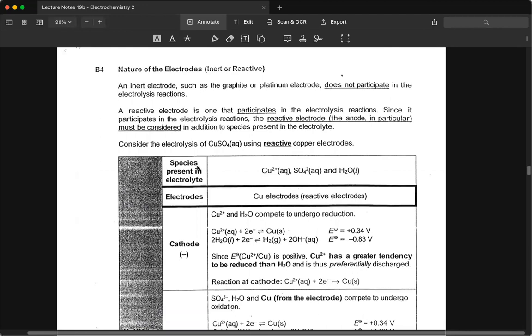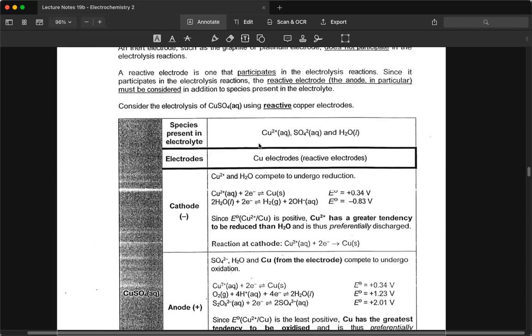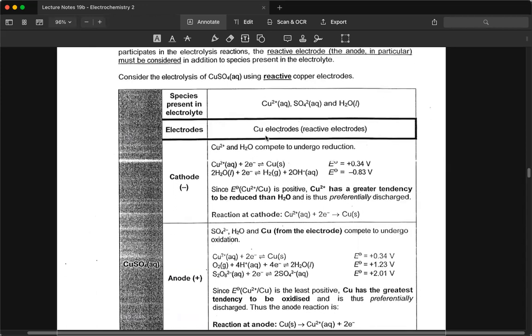So the reactive electrode, the anode in particular, must be considered in addition to the species present in the electrolyte. If we look at copper(II) sulfate solution using copper electrodes, which are reactive, we need to consider the copper electrode being reactive and put it together with the species that may undergo oxidation and see which one has a less positive E0.